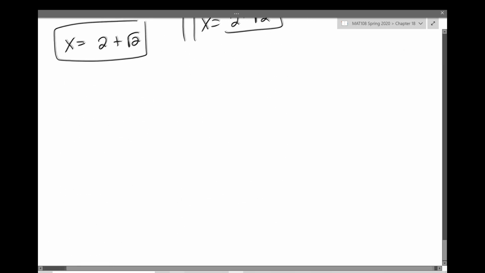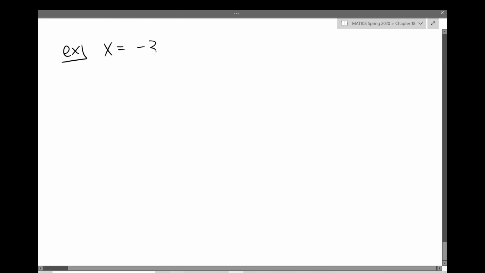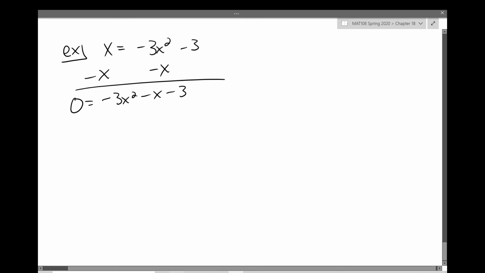Okay? We're going to do one more example here. X equals negative 3x squared minus 3. Okay? So we're going to do this just like we did any other problem. We're going to set it equal to 0 by subtracting both sides by x. That's going to give me 0 equals negative 3x squared minus x minus 3. Okay? Let's find our discriminant. So b squared minus 4ac.